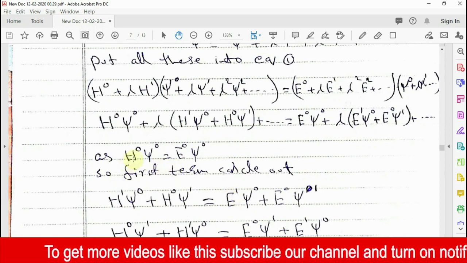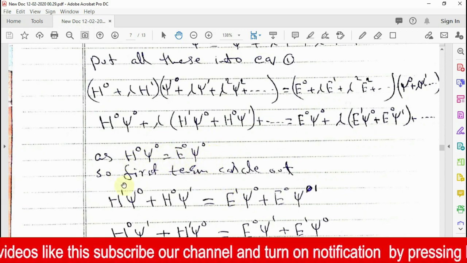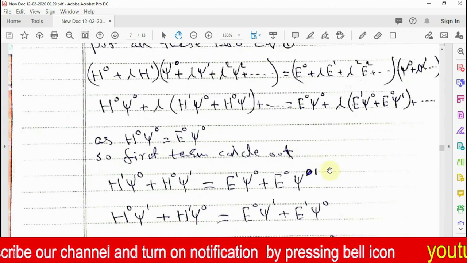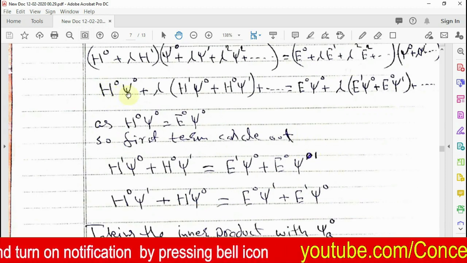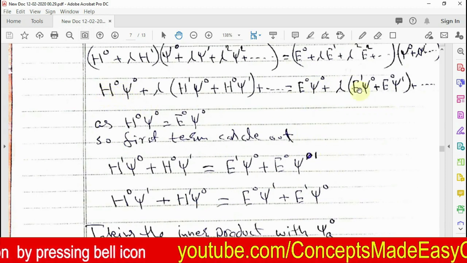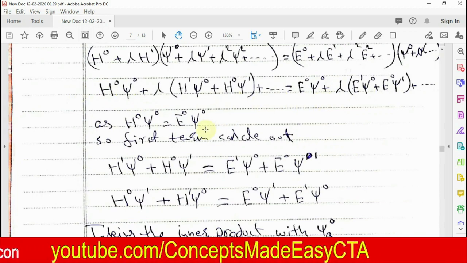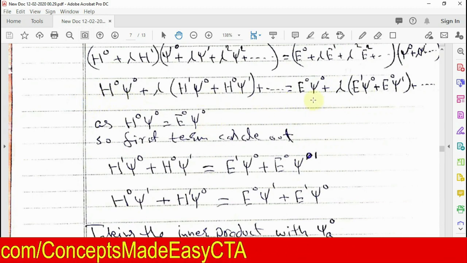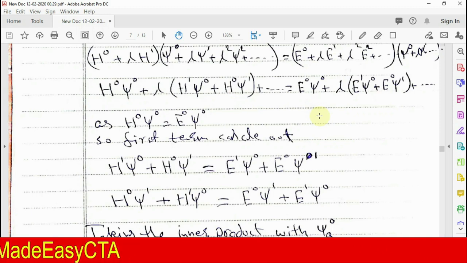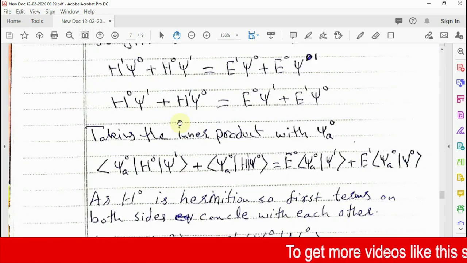After that, as H naught psi naught is equal to E naught psi naught, the first term will cancel out with this term, as both are equal. After that, we are left with this term, and on the right hand side, this term.